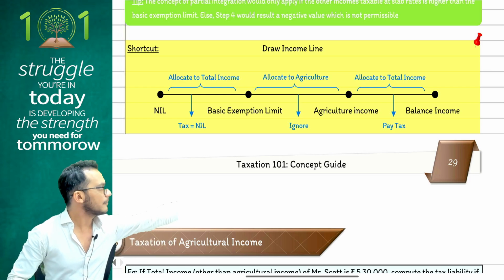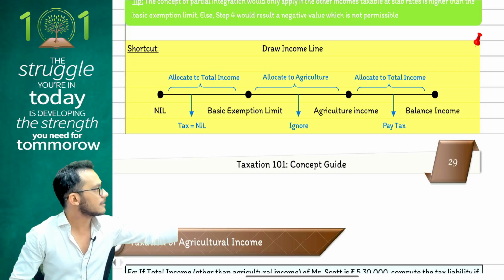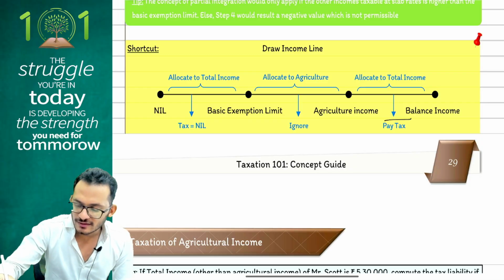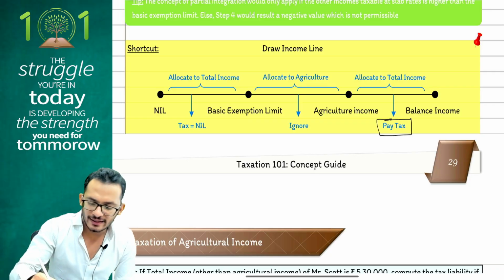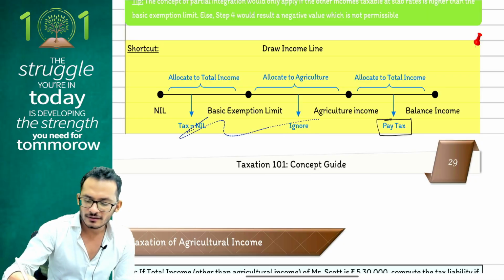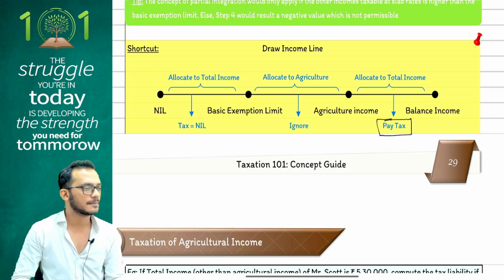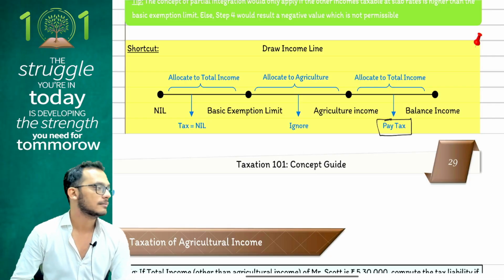Income line says start from up to basic exemption limit, goes to central, everything else will go to state, balance is what will go to central, and I'm only bothered about this income. Anyway, this is exempt, anyway, this is ignored, and anyway, the last one is taxable. If you prepare the income line properly, you'll get the answer right away. Be careful. After this is when you will apply surcharge and cess.